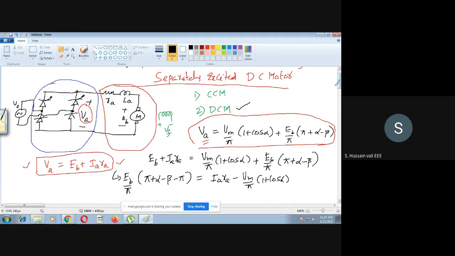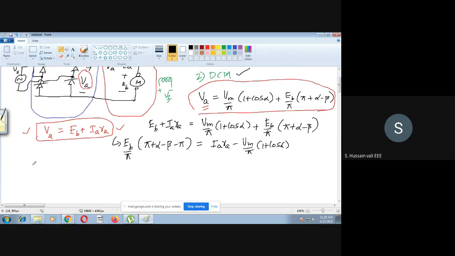Okay, this is the simplification. Now we will simplify further. What is EB from this equation? See, pi will get cancelled, so send that pi to the right hand side. Then EB is equal to IA RA into pi divided by alpha minus beta.